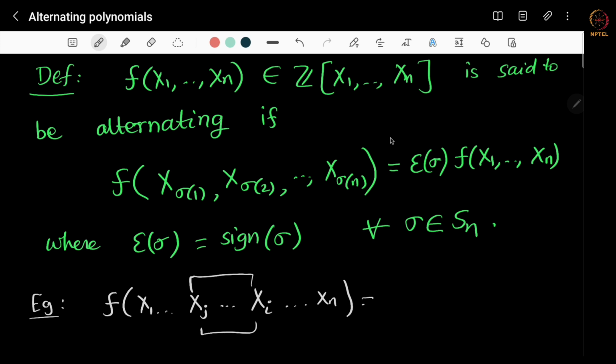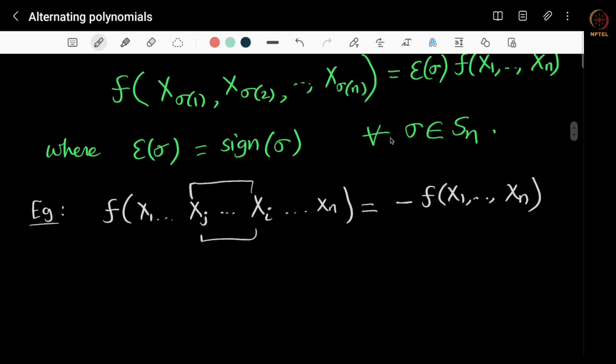That's a transposition sigma which has sign -1. So if I interchange any two of the variables, then I get back minus f of x. Okay, so that's actually an equivalent definition, if you wish, of what an alternating polynomial is.